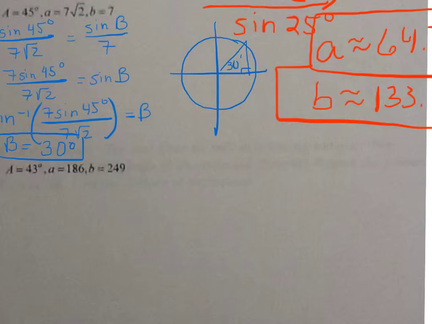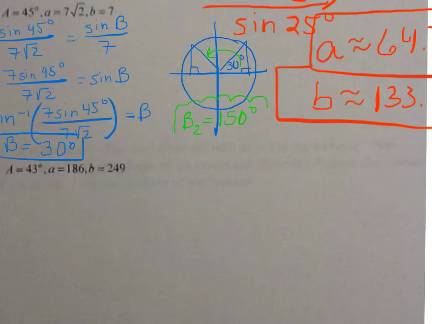And I would say, where else would sine of 30 give me the same value? So you should think of All Students Take Calculus, think of the fact that we could have a triangle in the second quadrant and still meet the requirements. And then think, the angle from here to here would be 150 degrees. So down here, what if I write angle B2 could also be 150 degrees?